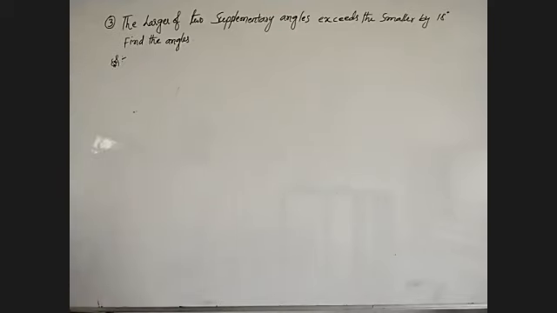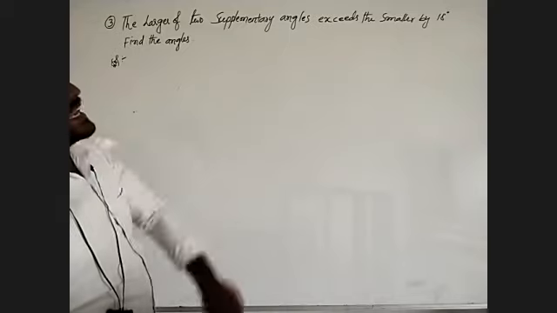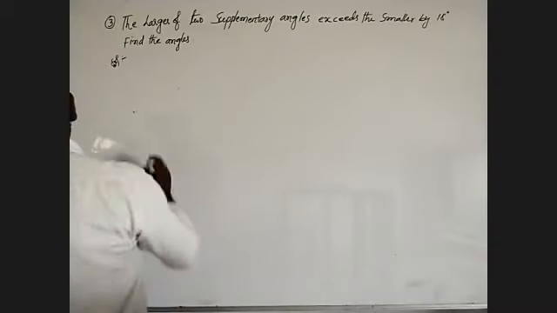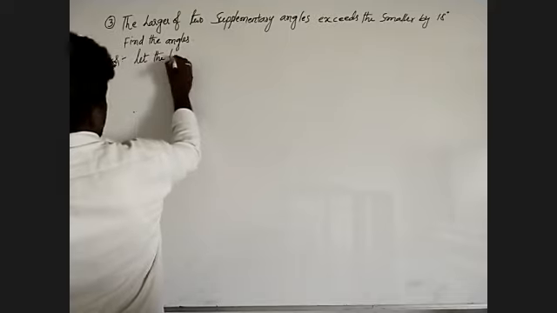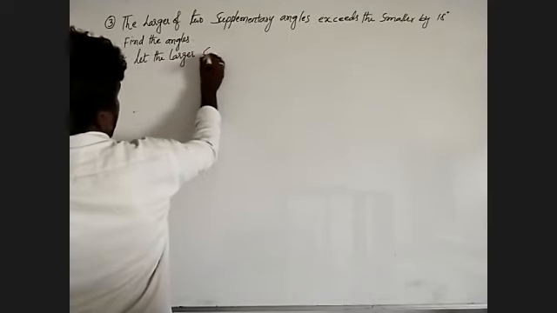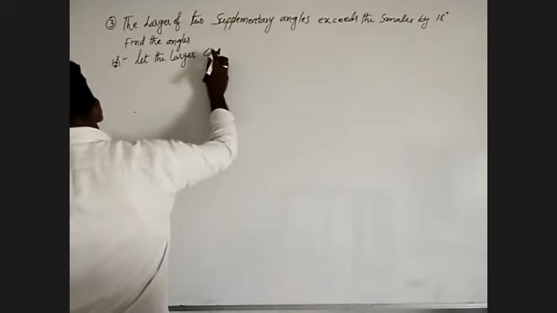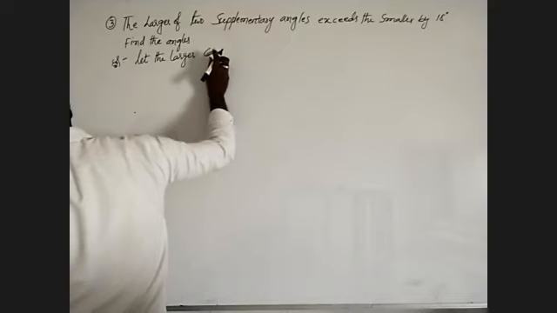This is most important for 4 marks. What is given in this one? The larger of two supplementary angles exceeds the smaller by 18 degrees. Find the angles. Here first we have to take, let the larger angle. Is it complementary or supplementary that is given?